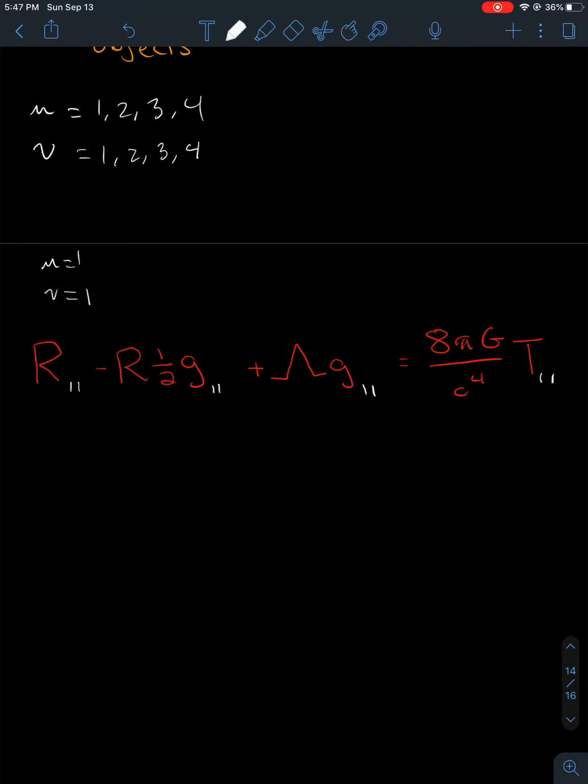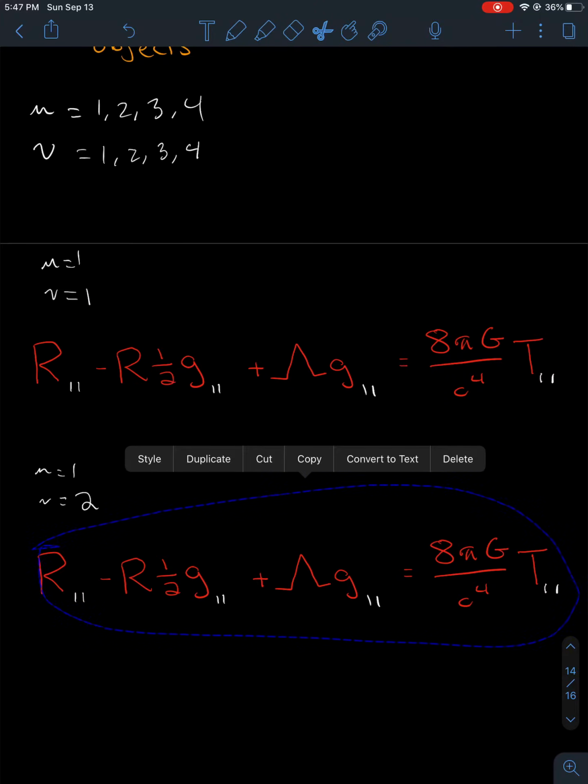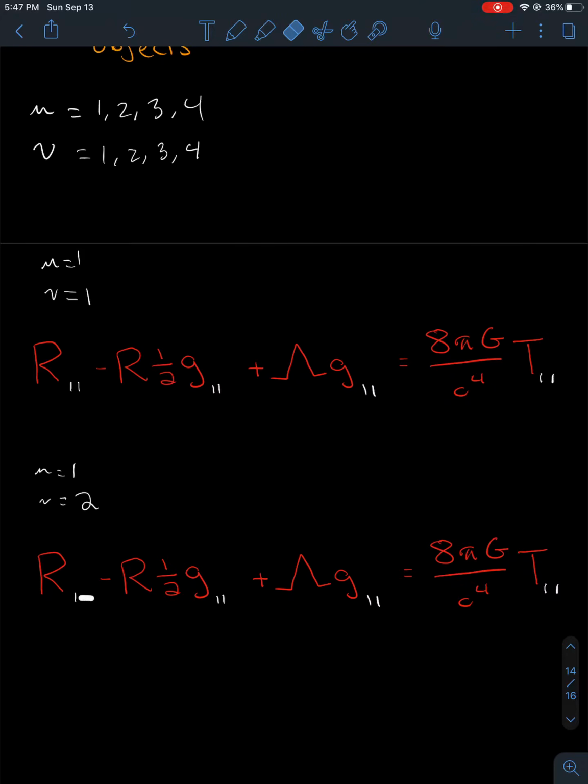I can have a set where mu equals 1 and nu equals 2. And the equation would look like this over here.